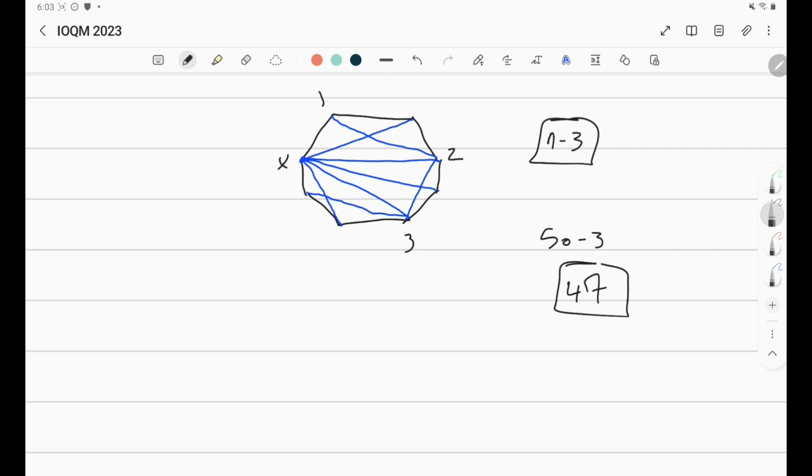So basically, how many vertices, if we order them, let's call this one 1, this is 2, 3, 4, and so on. The last one is going to be 50.